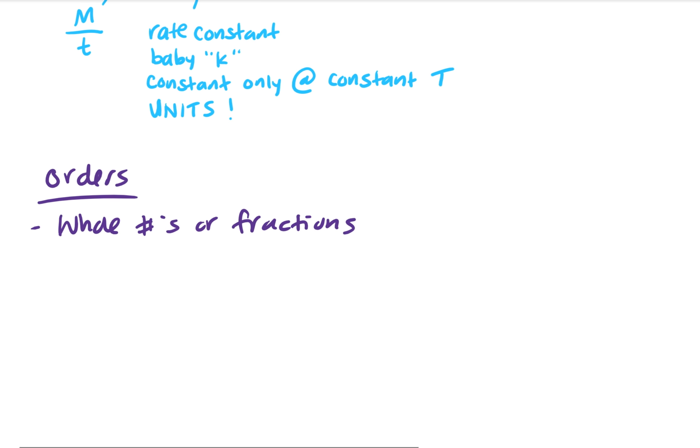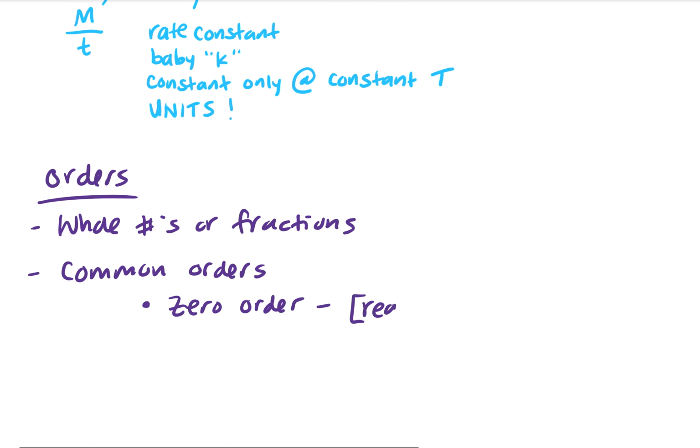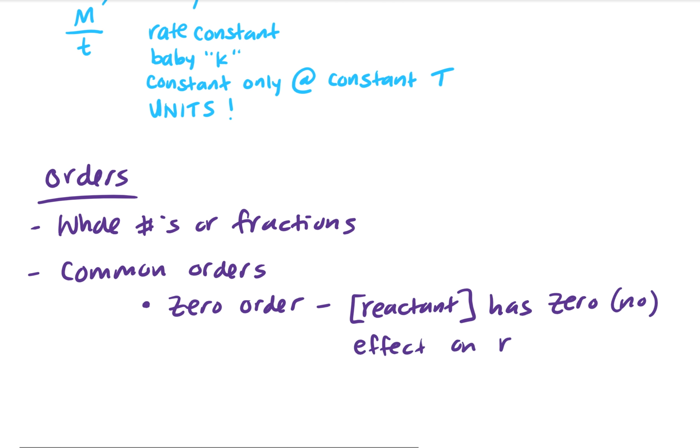Well, we'll talk real quickly about the most common orders that we'll see in our class. Zero order, meaning the concentration of the reactant has zero or no effect on the rate.